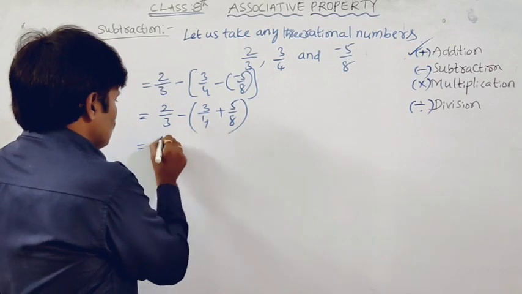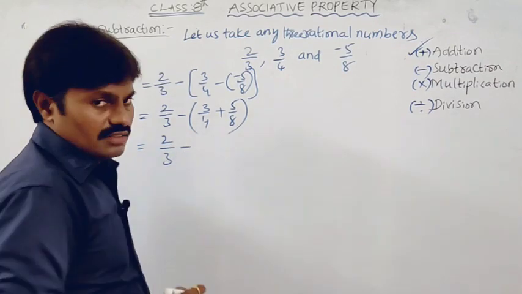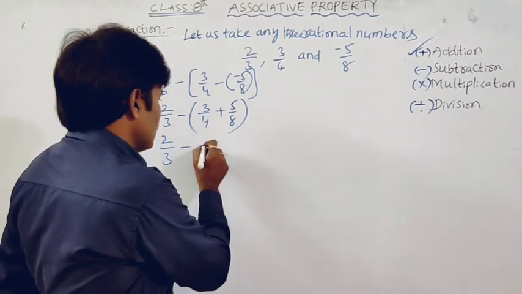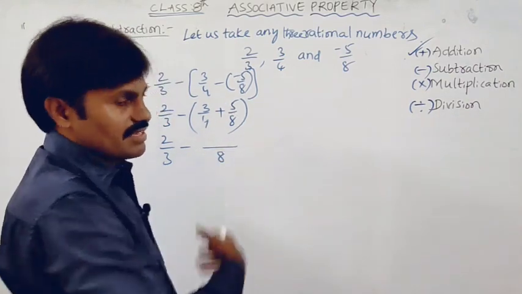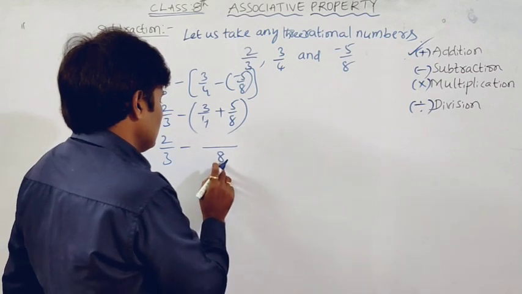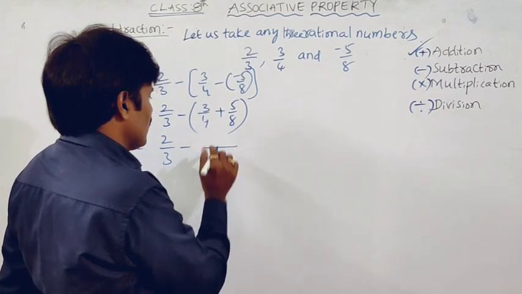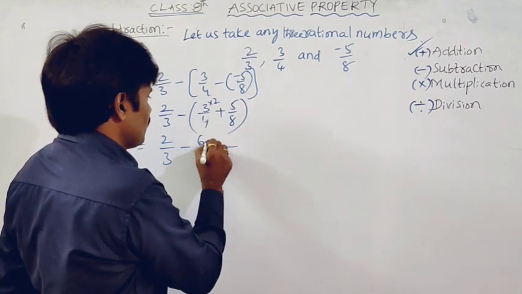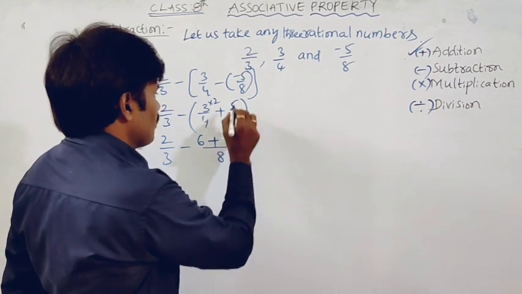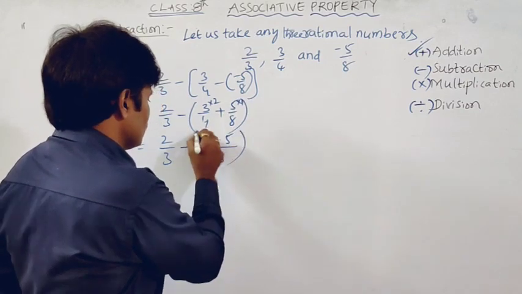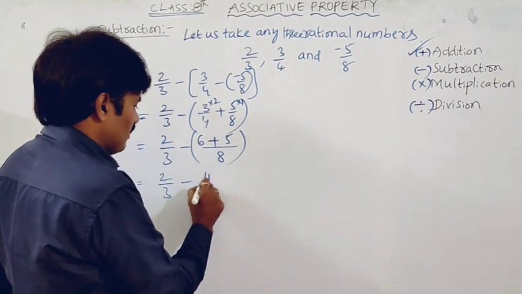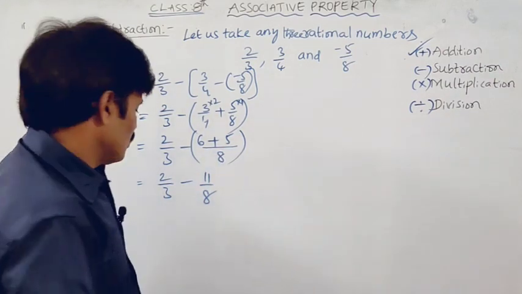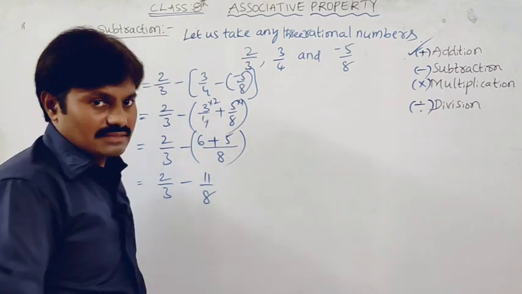Now first you have to simplify the brackets. So what is the LCM of 4 comma 8? We already discussed; that is why I have taken the same examples for better understanding. So 4 divides 8 2 times, so 3 into 2 is 6, plus 8 divides 8 1 time, so 5 into 1 is 5. Clear? So 2 by 3 minus 6 plus 5, 11 by 8. Clear? 2 by 3 minus 11 by 8.